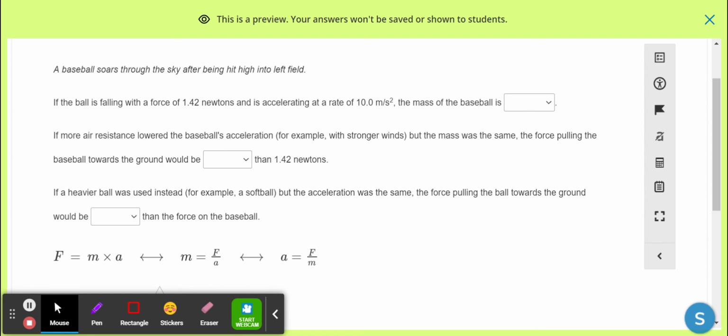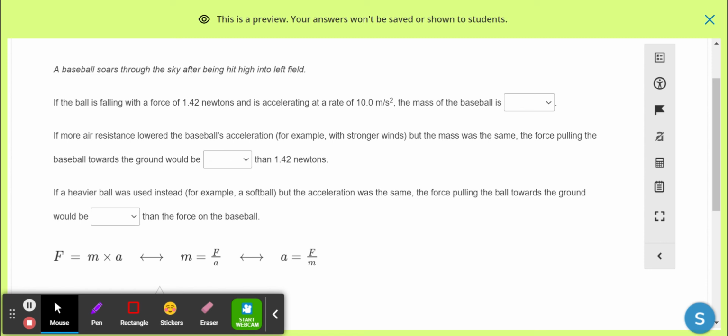Okay, the last page has some calculation stuff, and it's also some thinking stuff. We have a baseball flying through the air. It's falling with a force of 1.42 newtons and accelerating at a rate of 10.0 meters per second squared. First we're going to solve for the mass of the baseball. And then it's going to ask us some other questions about how that would affect the force if we had other stuff going on.